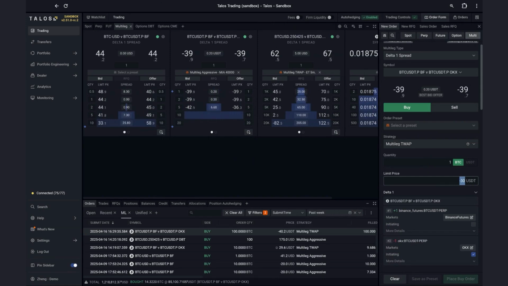For example, for this TWAP, when it's posting a resting level on the initiating leg, it's based on the available liquidity on the hedging leg, as well as this limit price you are specifying. So the algo will start posting sizes on the initiating leg to stay within schedule, and it is willing to hedge at market to drag the lagging leg, the hedging leg, if the imbalance is outside the bounds you define.